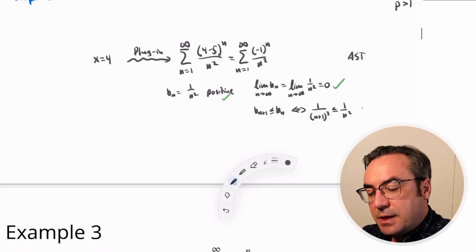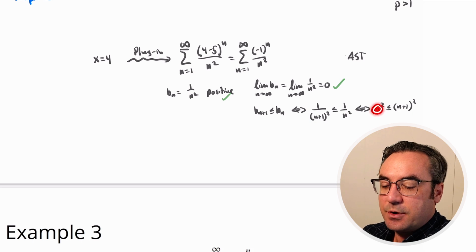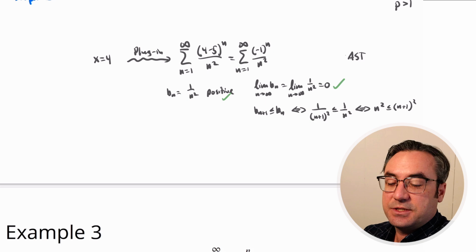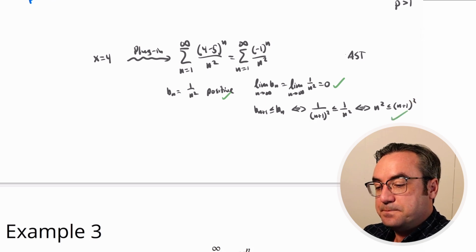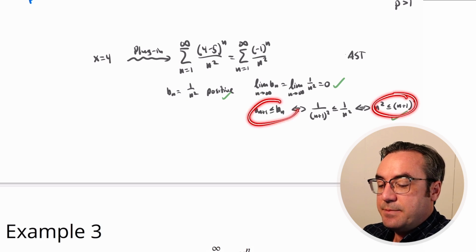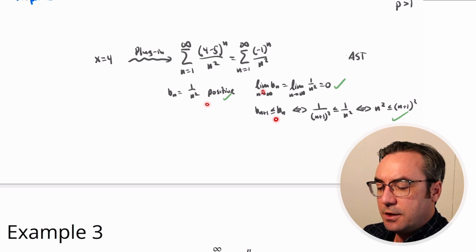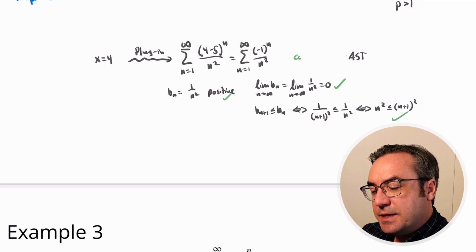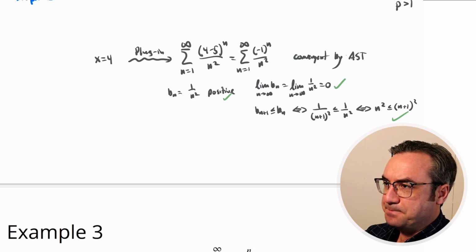And if we cross multiply, we end up with n squared is less than or equal to (n plus 1) squared. And that's true. When you take a number and you square it, and then you take the very next number and square that, that's going to be bigger. So, true. And because this is true, it means our original inequality is true. So because all of those things are satisfied, we can say this series converges by our alternating series test.